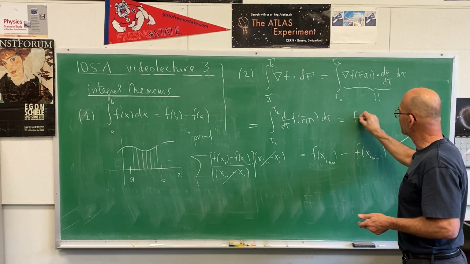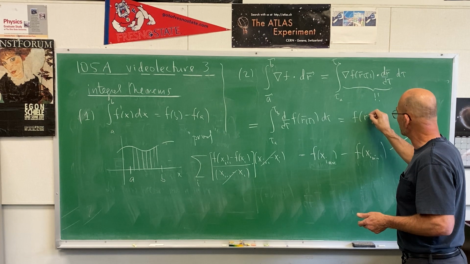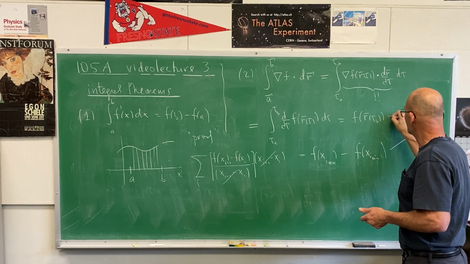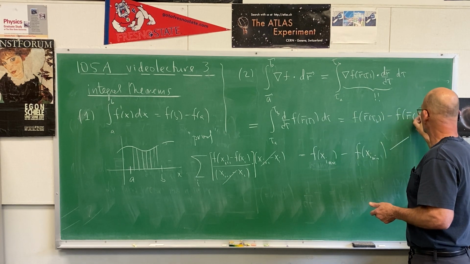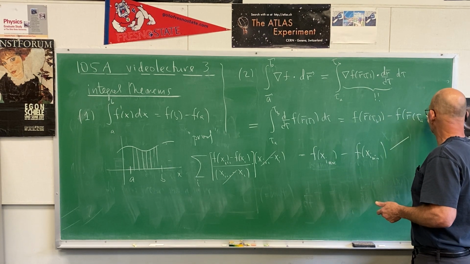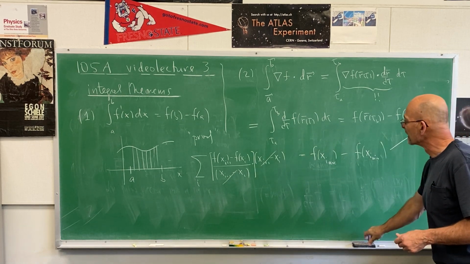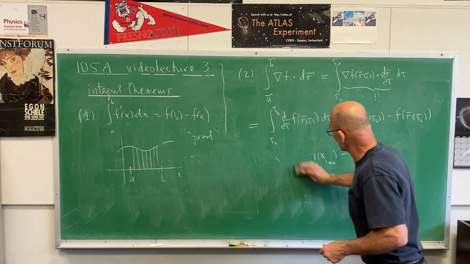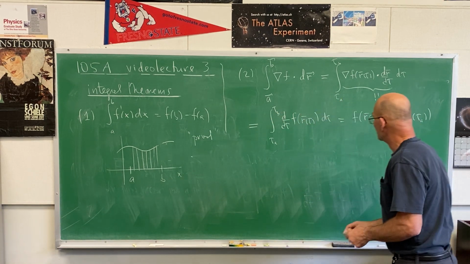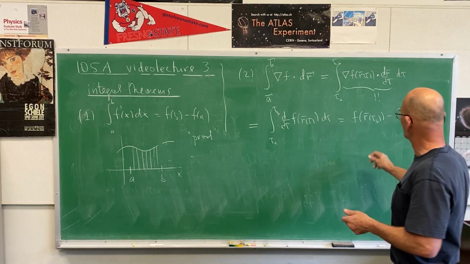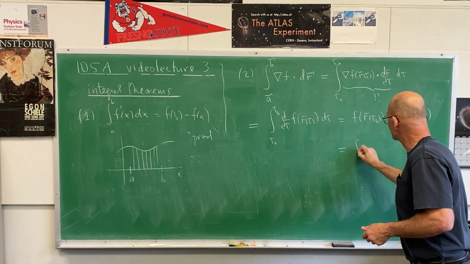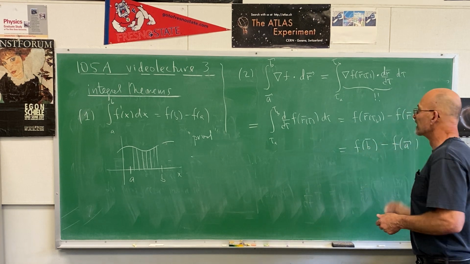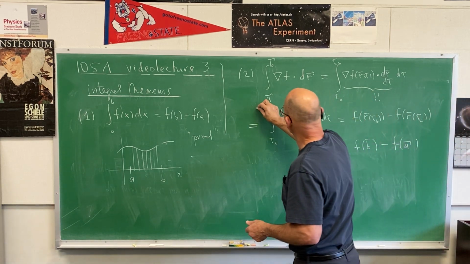So this is f of r of tau sub b minus f of r of tau sub a. And I'm going to go ahead and erase what I have down here. One more step. We reduced this one to the one I had here previously, and this is f of b minus f of a. So there's our integral theorem.